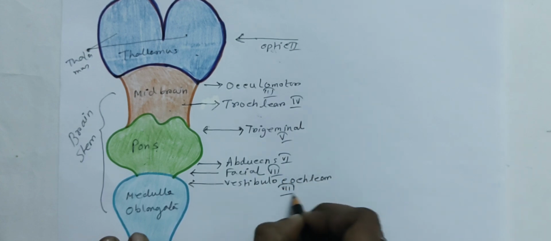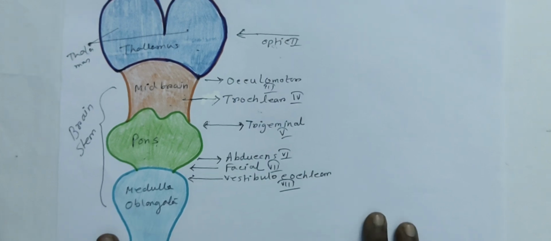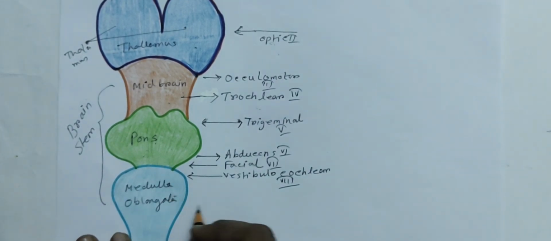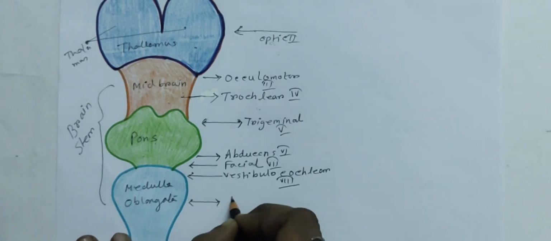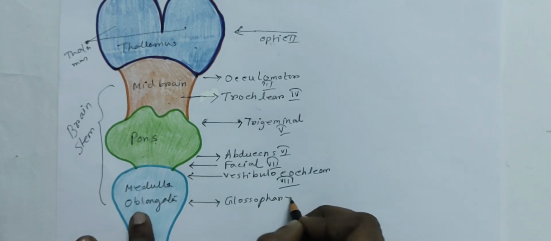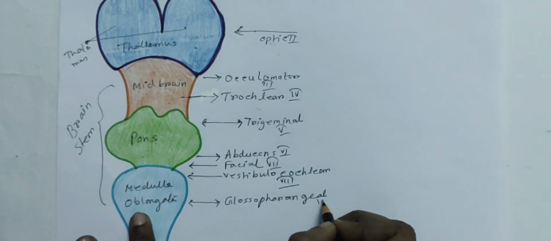Vestibulocochlear, that is number 8. Okay, and then from the medulla associated with glossopharyngeal, that is number 9.